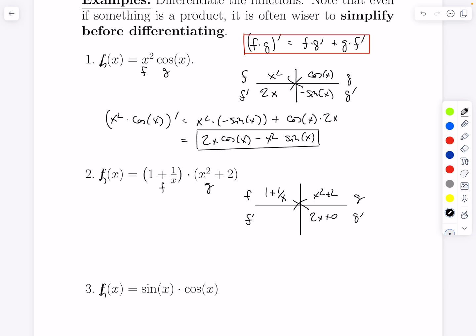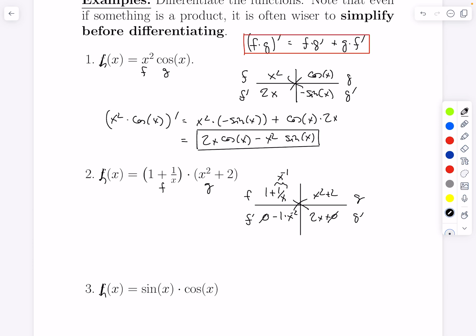Then the derivative of 1 is 0, right? And then 1 over x is x to the minus 1. So we can use the power rule, and then we get minus 1 times x to the minus 2. And then we simplify, multiply it out.